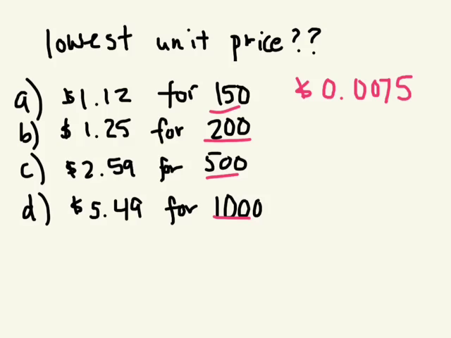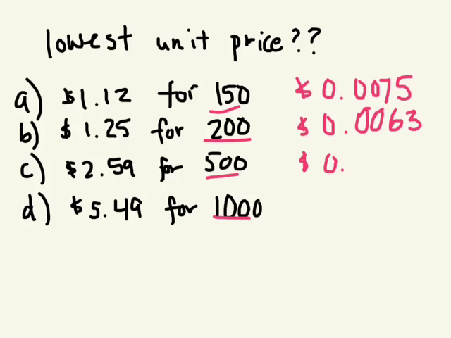7.5. Okay, what about for B? B is 0.0063. We rounded it off. C. What did you get for C?